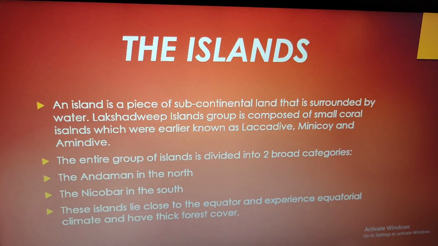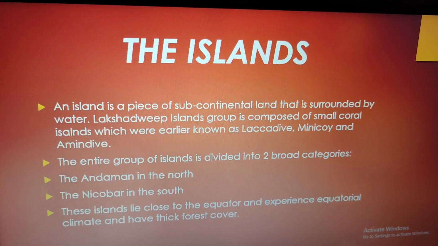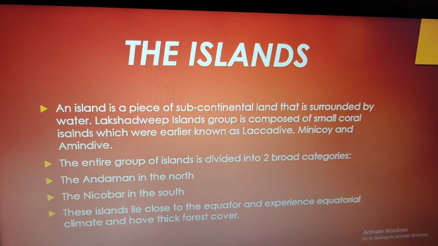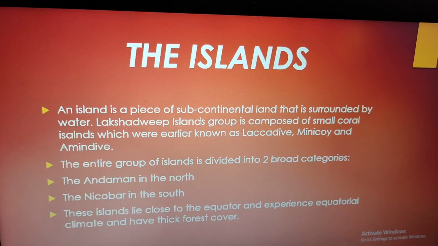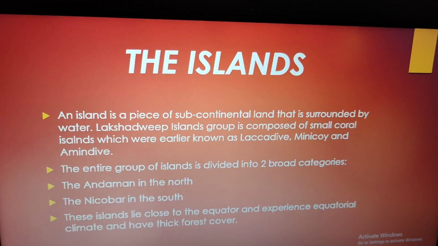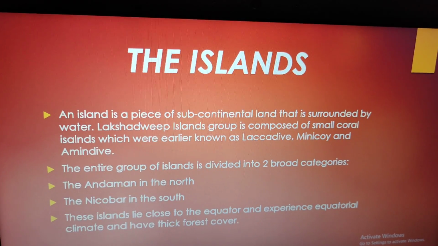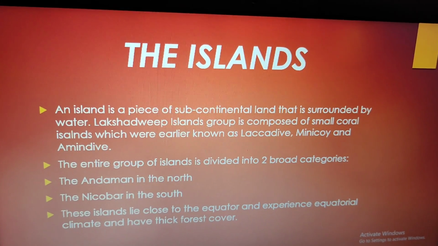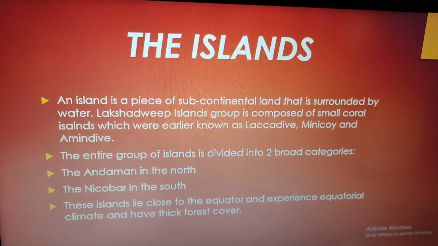The entire group of islands is divided into two broad categories: the Andaman in the north, the Nicobar in the south. These islands lie close to the equator and experience equatorial climate and have thick forest cover.